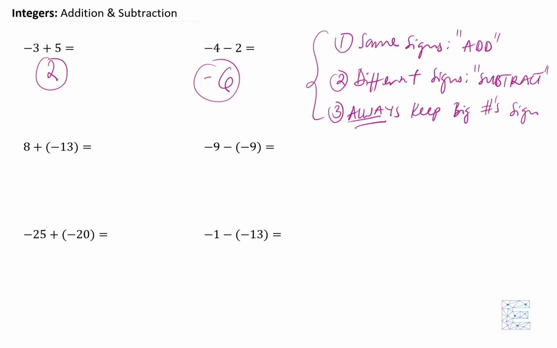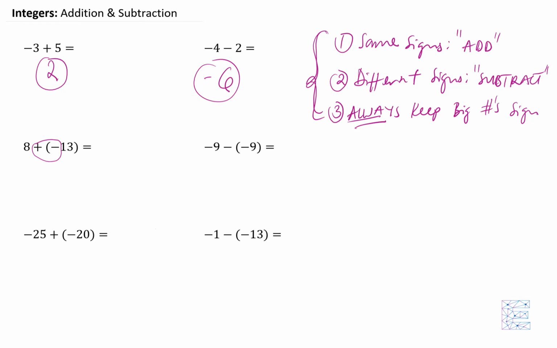And for the next question, we have 8 plus -13. Now, before we actually go into the 3 rules, we have to first of all deal with this messy look here. When you have 2 signs that are adjacent, we should always clean them up before we look at our 3 rules from up here.